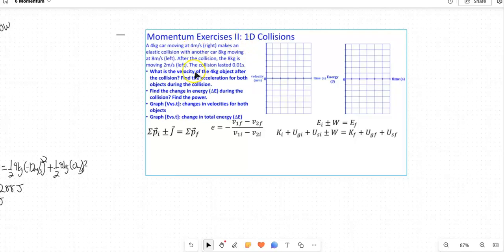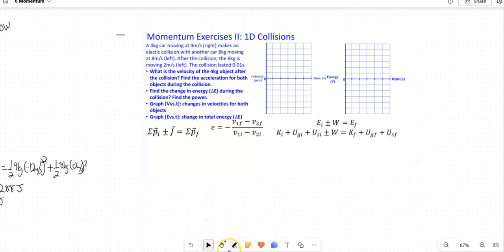In fact, we're going to find out by doing this problem that it is an imperfectly elastic collision where there is going to be energy lost. And so we already know what the answers should be. So there is 4 kilograms moving to the right at 4 meters per second. So it's the same problem that we just did.